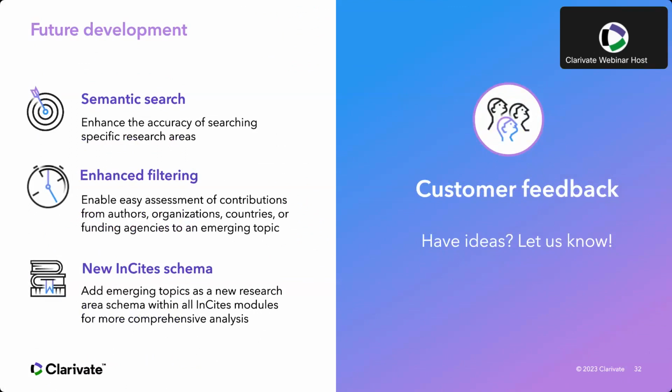And we will use those emerging topics as a new research categorization within InCites across all modules, like authors, institutions, countries, journals, funders, and publishers. If you have access to InCites, play with the module. If you have any feedback, let us know, and we'd be happy to look at that.